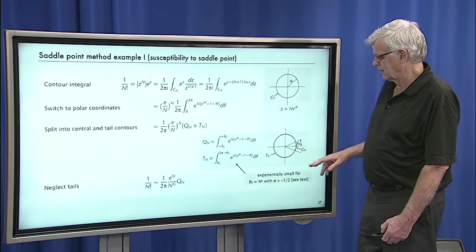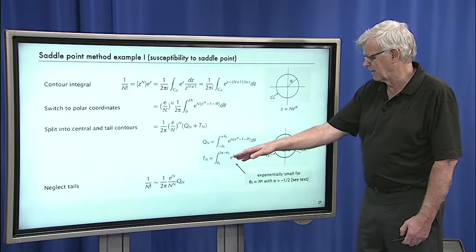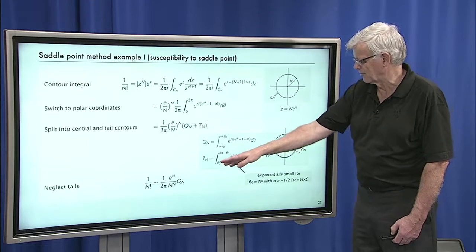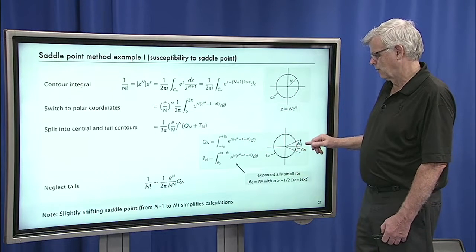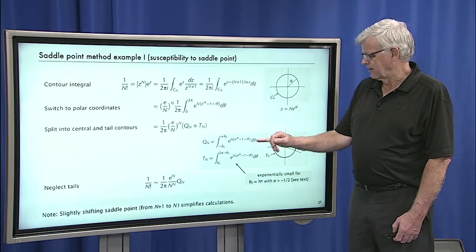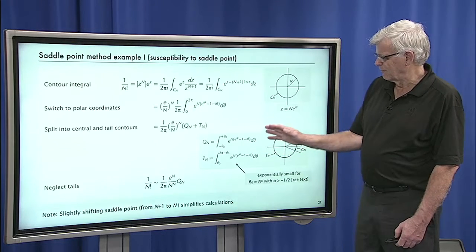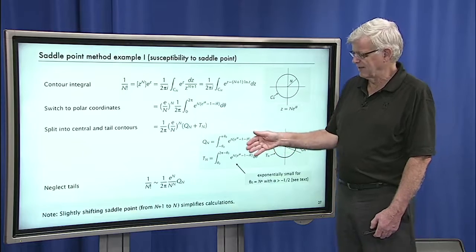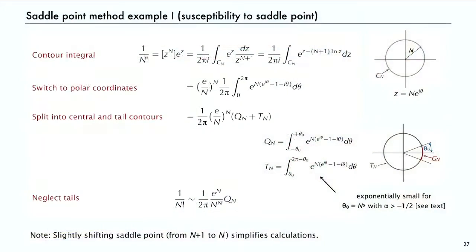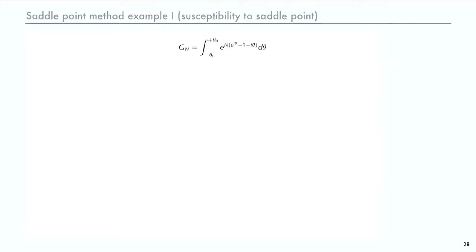So we're going to just neglect the tails and just work with the part close to the saddle point. Another thing to notice is that we can slightly shift the saddle point if we want, it simplifies the calculations quite a bit, as long as we have that quadratic approximation near where we are.